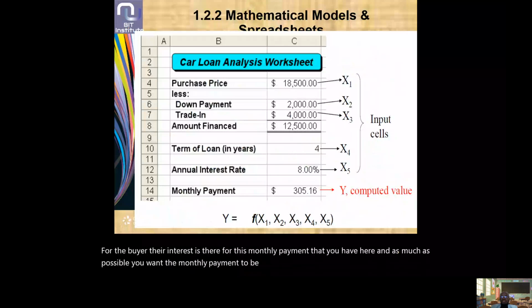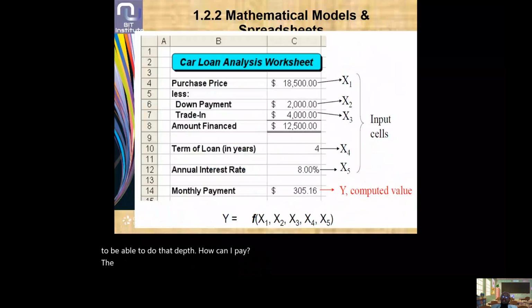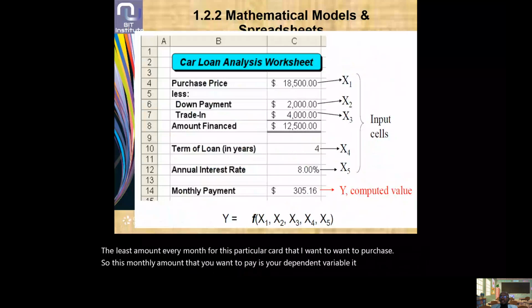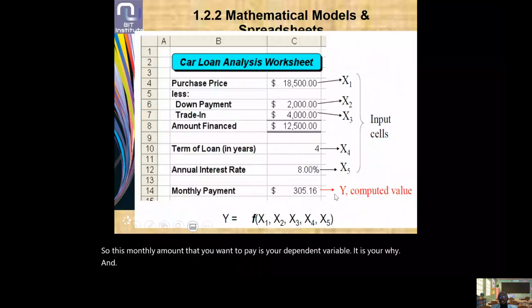Any rational buyer wants that. How can I pay the least amount every month for this particular car? So this monthly amount is your dependent variable, your Y.